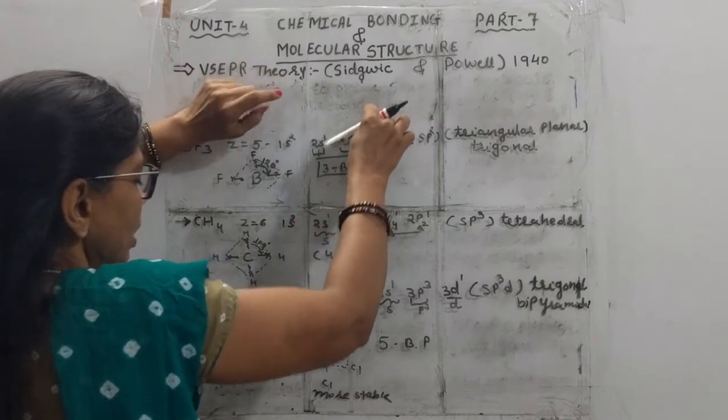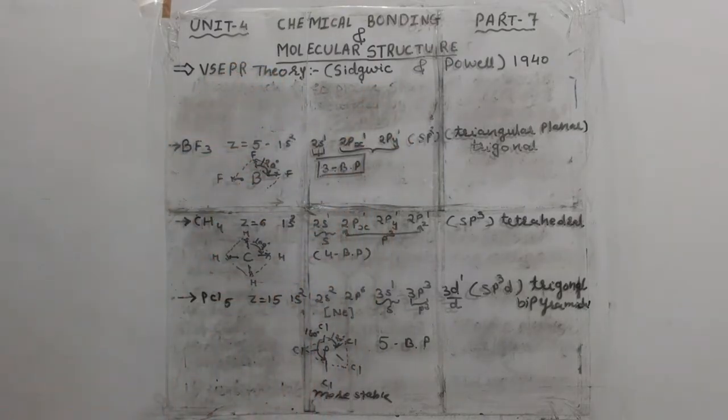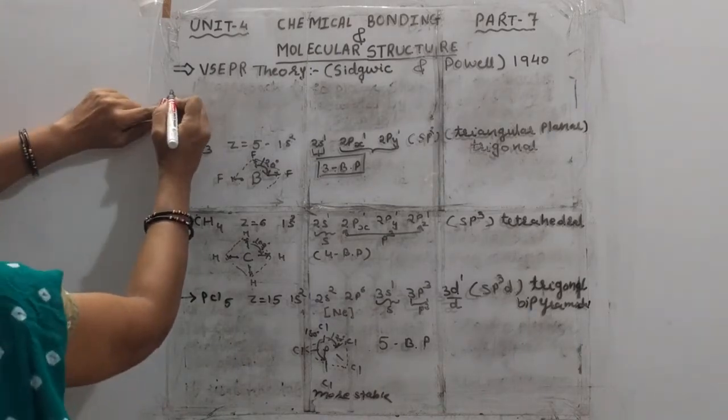Now we'll go with 6 bond pairs. The example we are taking is SF6.